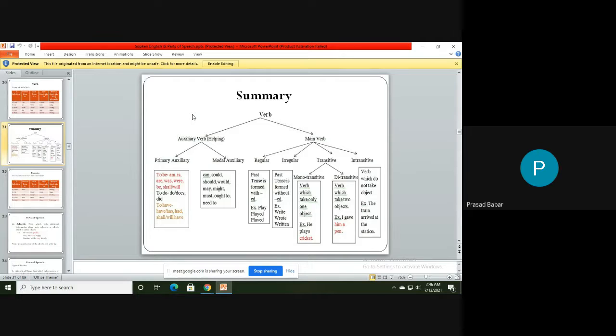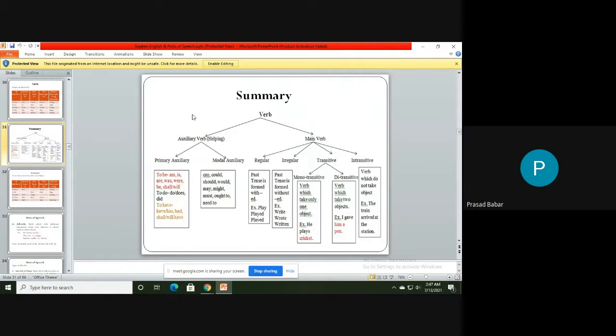The verb which takes only one object, meaning after this verb there comes only one object in the sentence, is called a monotransitive verb.